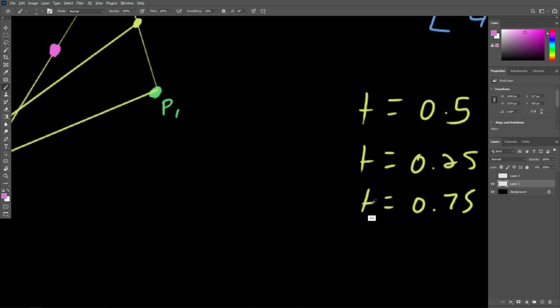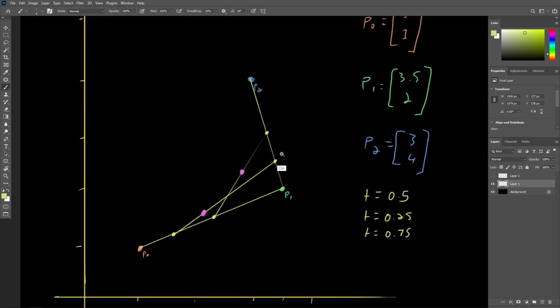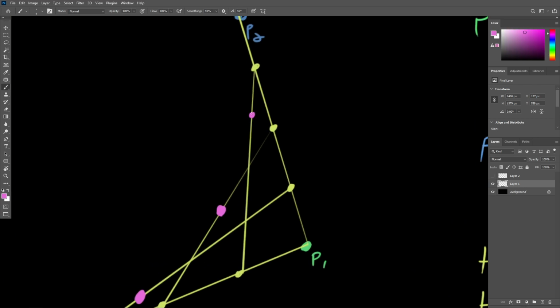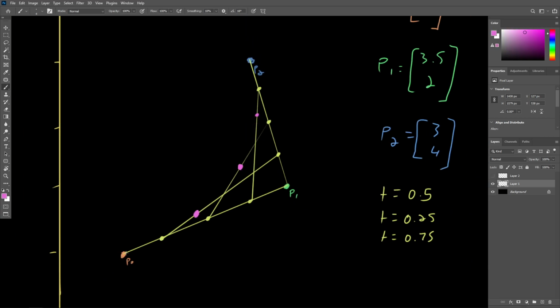We'll do the same real fast for t equals 0.75. So there we go, 3/4 of the way. Makes sense. And then finally, right around here. We should do that in this same pink color. All right, so this will help us draw out this quadratic Bezier curve. So now, that's not very good, is it?